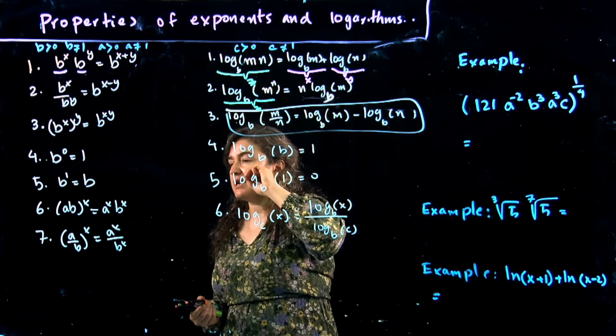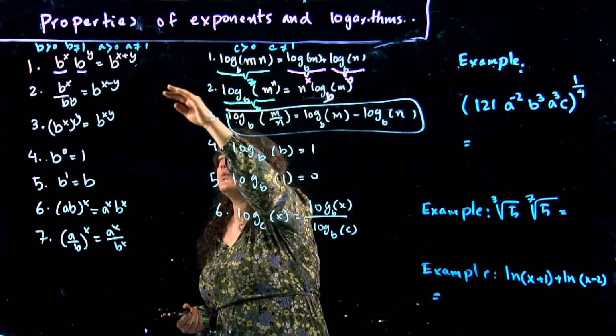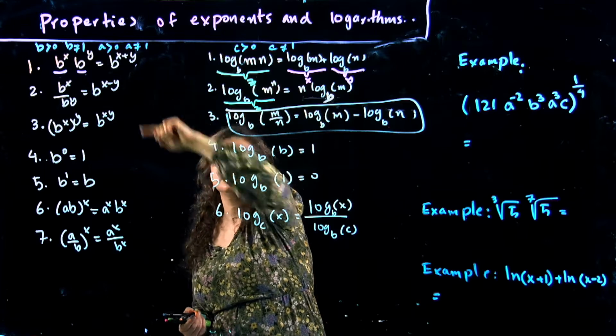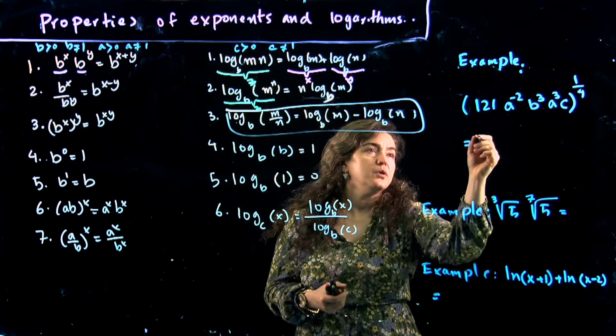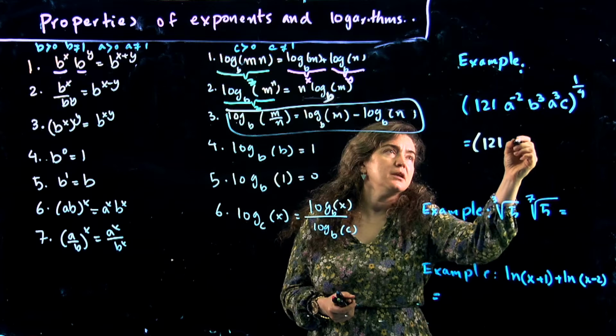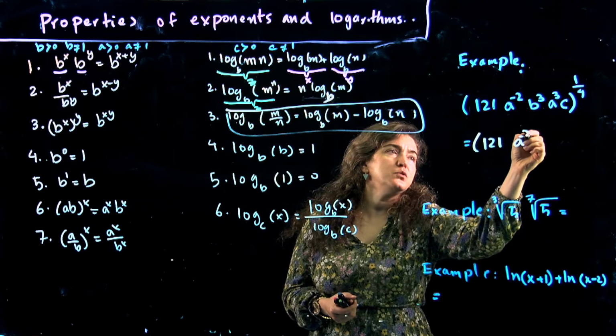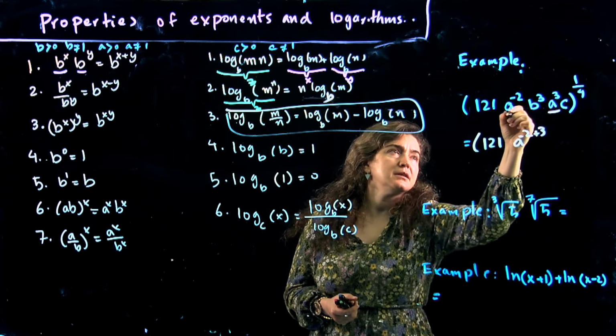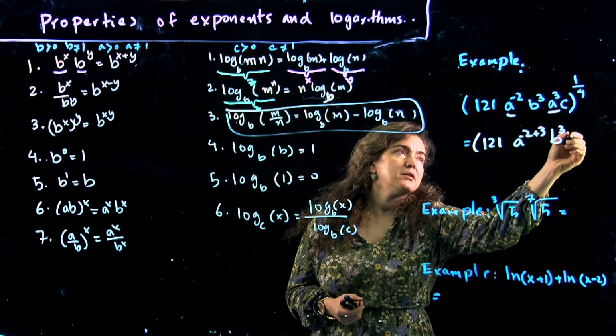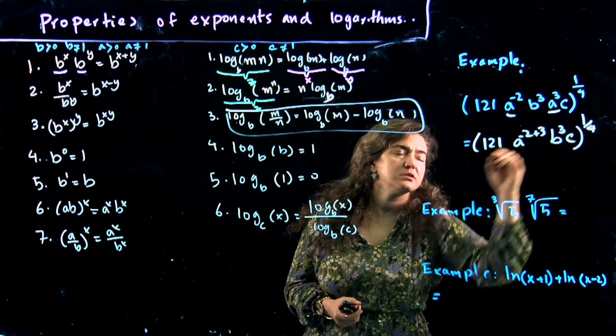Same base, different exponent will go with this one. So 121 a to power negative 2 plus 3, b to power 3, c to power 1/4.